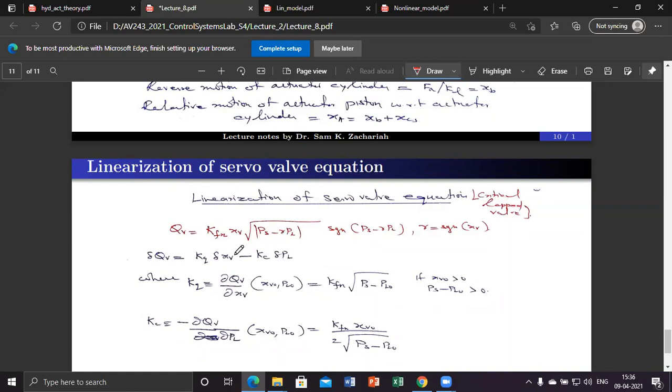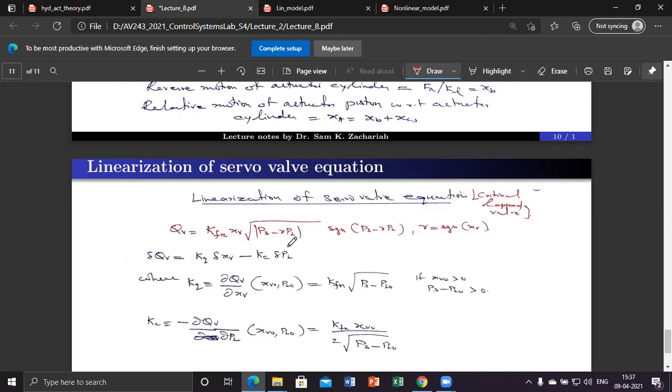Since we make use of the orifice flow equation because of its temperature independency, you have to pay a cost, the square root nonlinearity of the servo valve. So in order to analyze using normal linear equations, we have to linearize it.